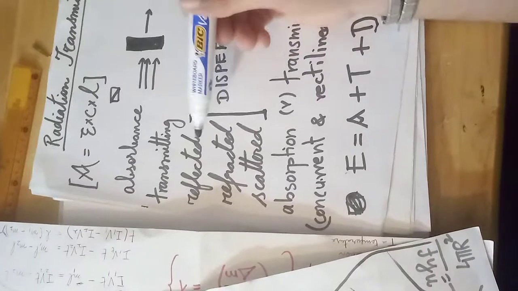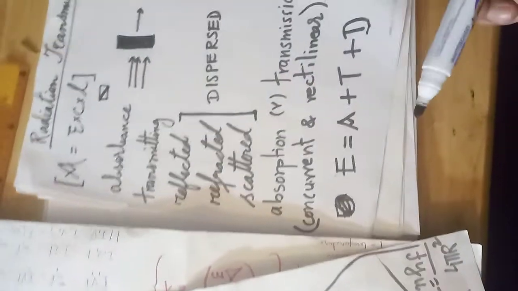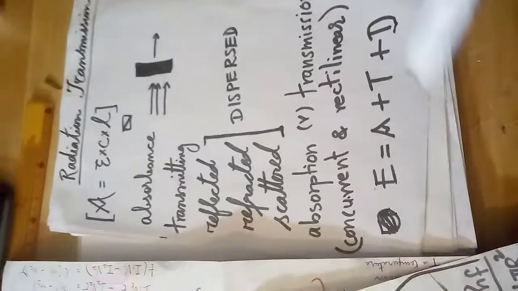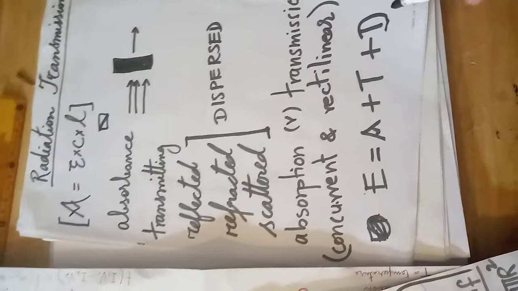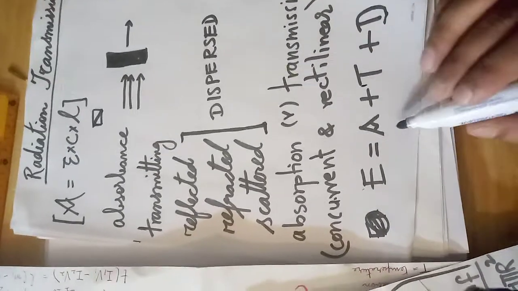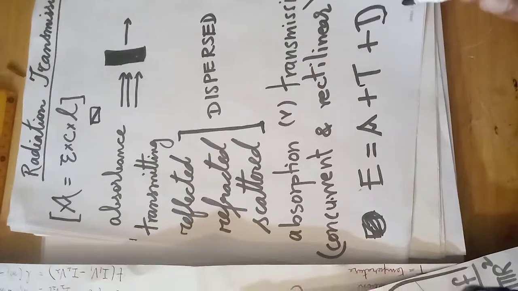Now, dispersion is an overall umbrella term for reflection, refraction, scattering, and that's how we know the behavior of radiation: emission is subject to three reactions: absorption, transmission, and dispersion.